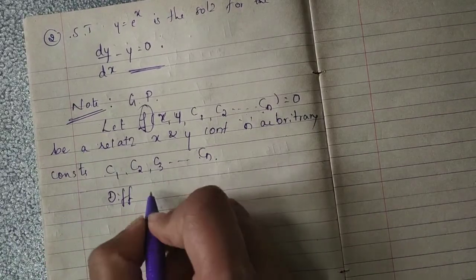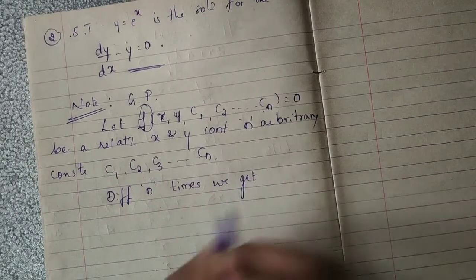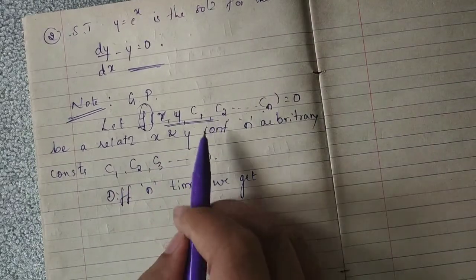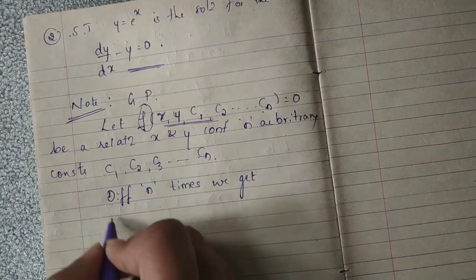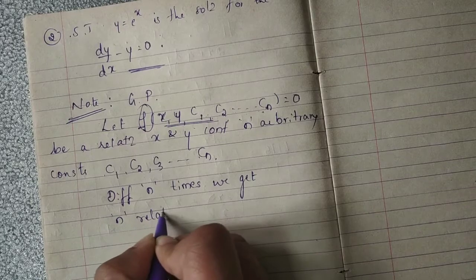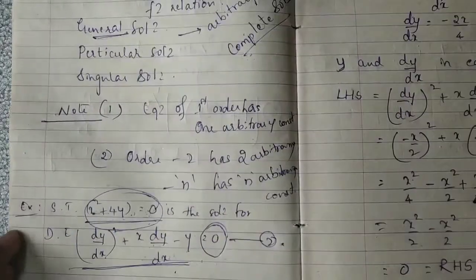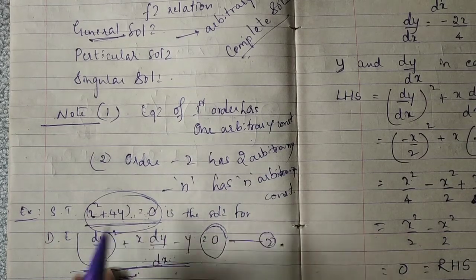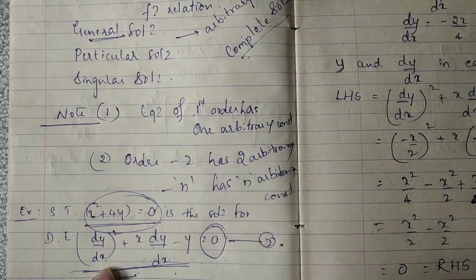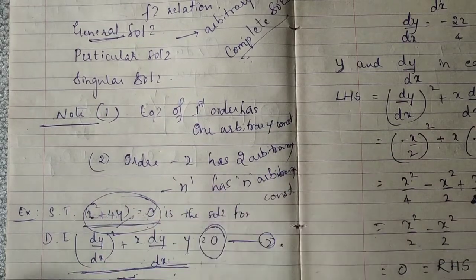Differentiating n times we get, so we have this equation. By differentiating this equation n times we get n relations, right? Simply by looking at this problem, you know this is the differential equation, and this equation has this solution, which is one of the solutions.